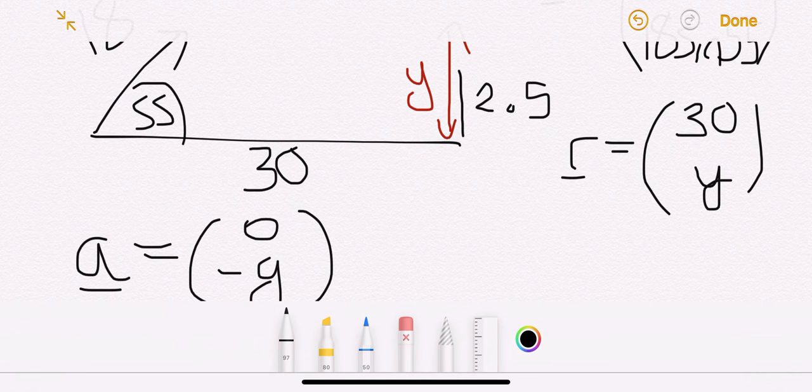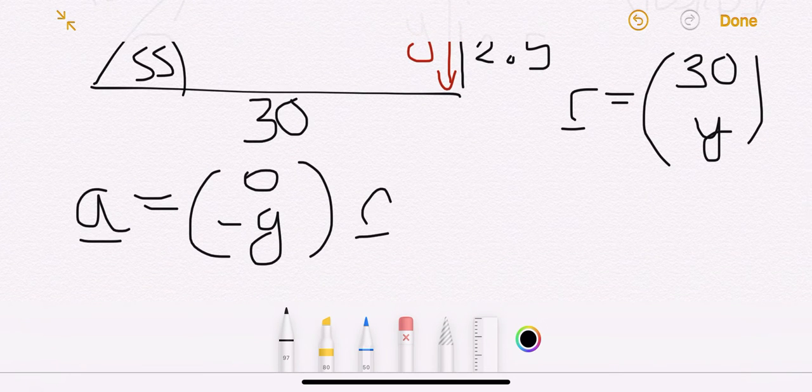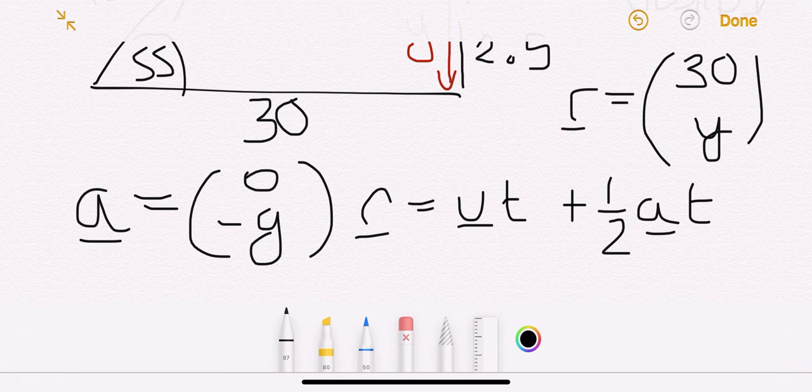So again, we're going to use the suvat equation. r equals ut plus a half a t squared.